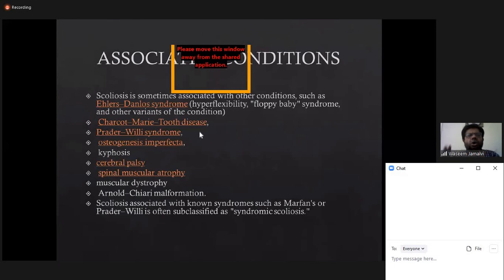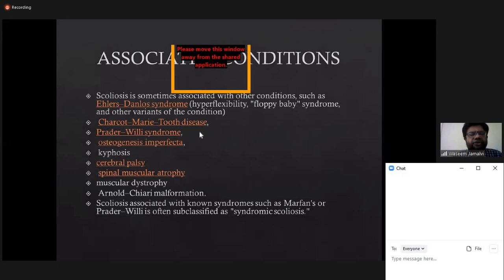There is a very long list of associations with this disease, and some of them are Ehlers-Danlos, with hyperflexibility in the skin and floppy baby syndrome, Charcot-Marie-Tooth syndrome, Prader-Willi, osteogenesis imperfecta, kyphosis, cerebral palsy, SMA, muscular dystrophy, and Chiari malformation.